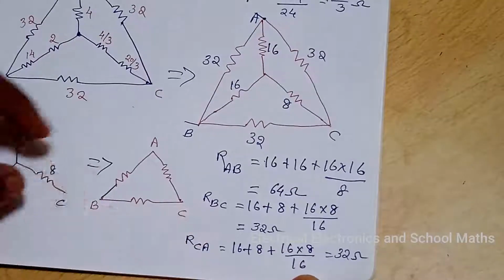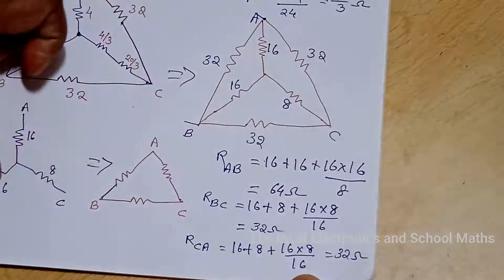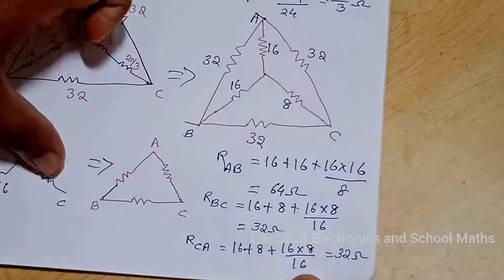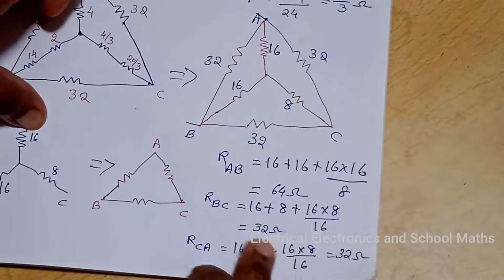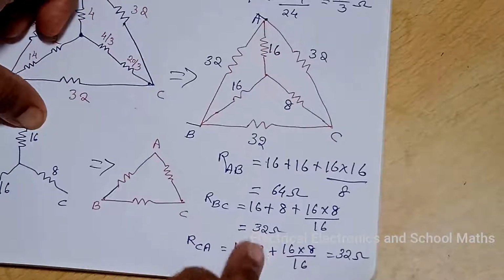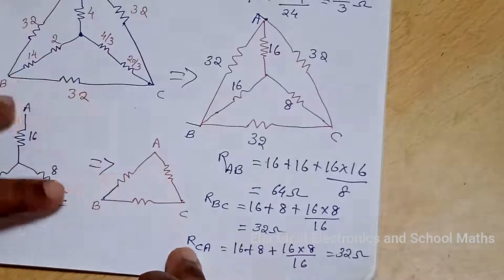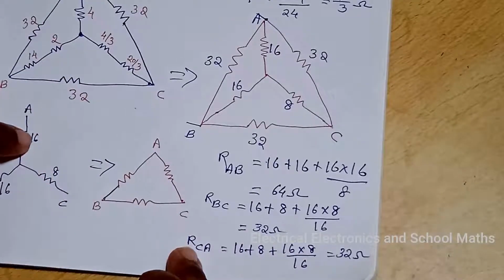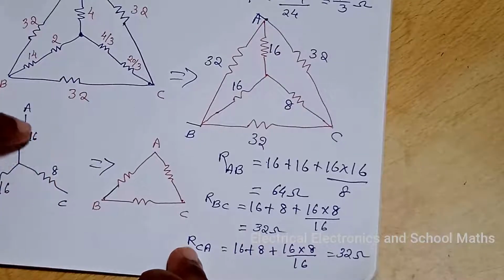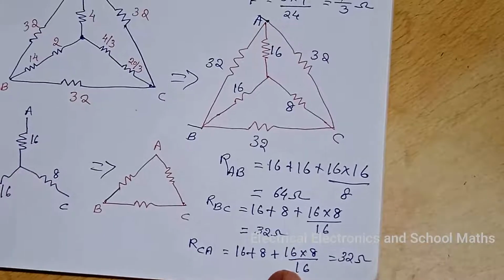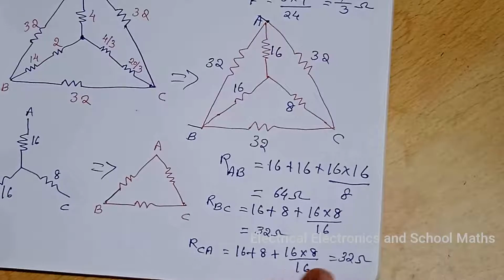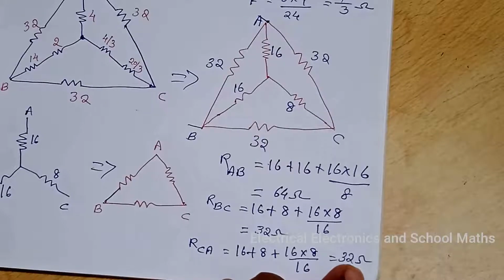Similarly, RBC equal to 16 plus 8 plus 16 into 8 divided by 16, and we get 32 ohm. Similarly, RCA equal to 16 plus 8 plus 16 into 8 divided by 16, the other resistance, and we get again 32 ohm.